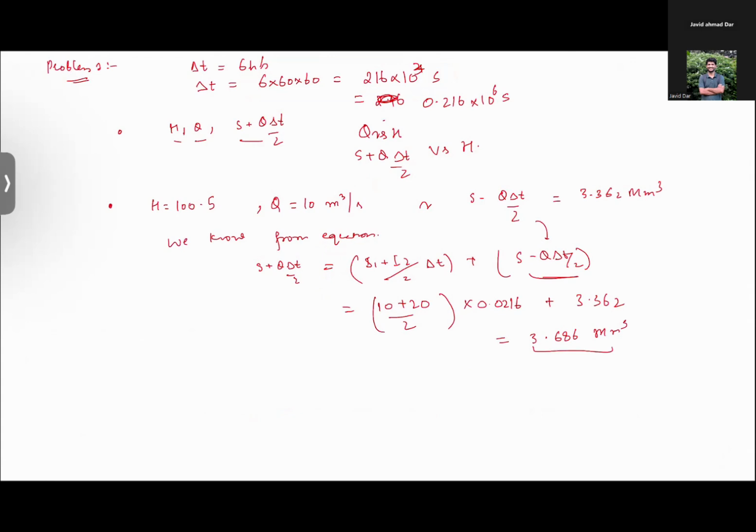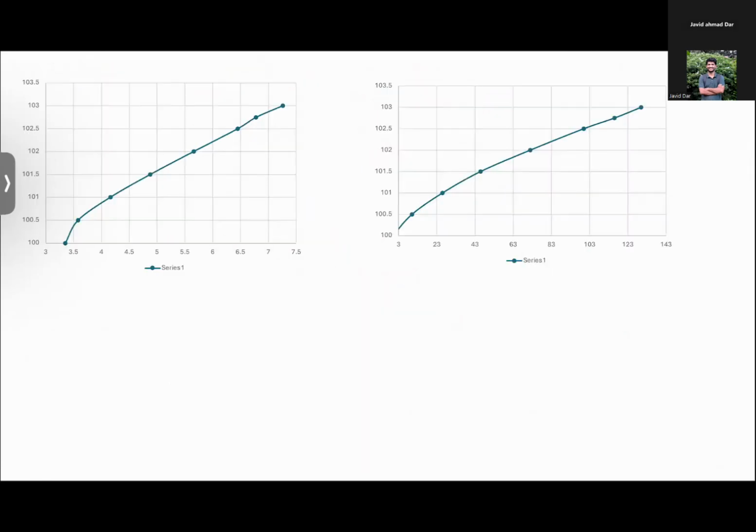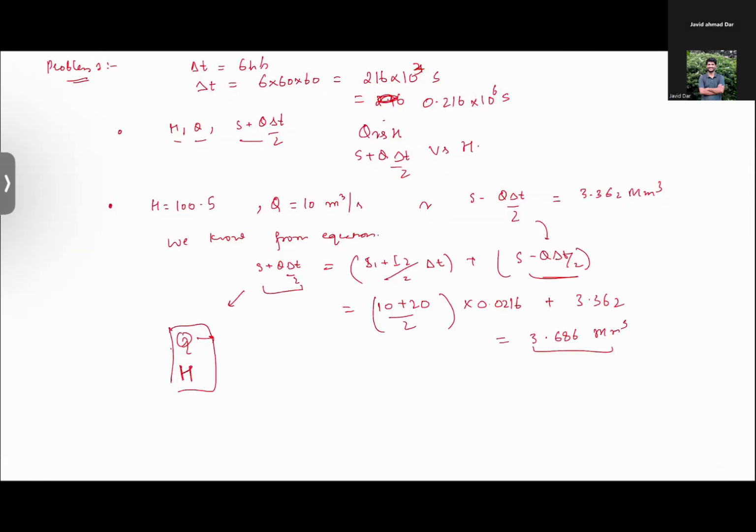So now you know the value of s plus q delta t divided by 2. But what we need to actually find is the value of Q and the value of H, so that we can proceed for the next time step also. And this Q will give us the outflow hydrograph. So you take the value of s plus q delta t divided by 2.